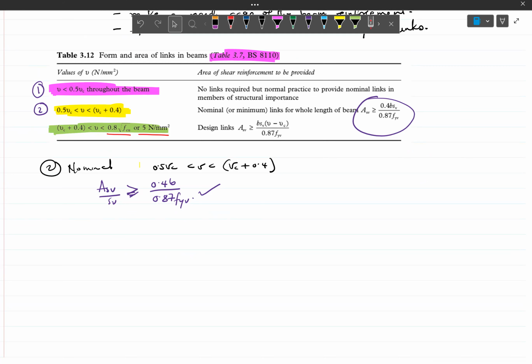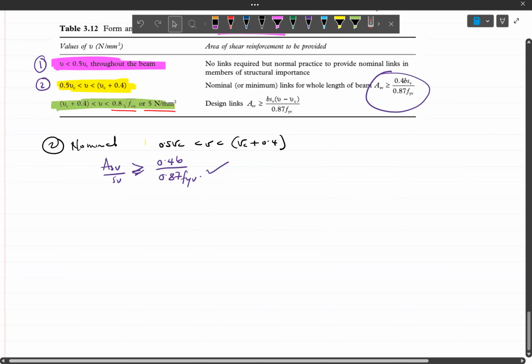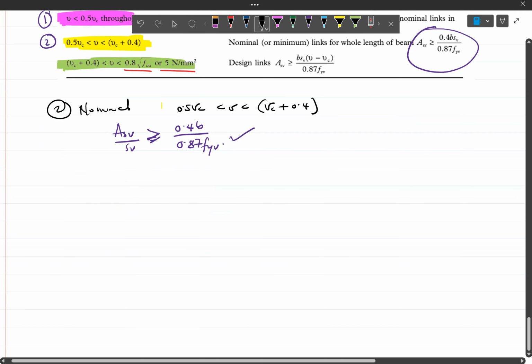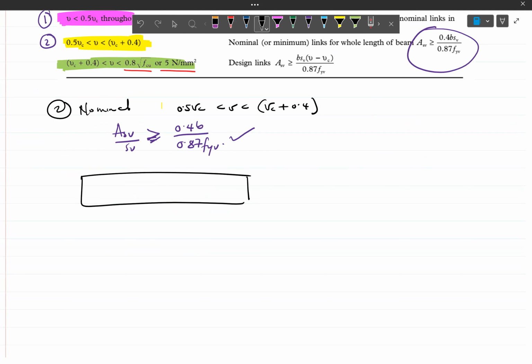So let's see if we can look at some examples. I think there's one more table I need to show you, or I've already, okay, I think I have the table already showing, so it's fine. And with stirrups, right, we are placing the stirrups at some spacing. So this space is what we call the SV. Okay.